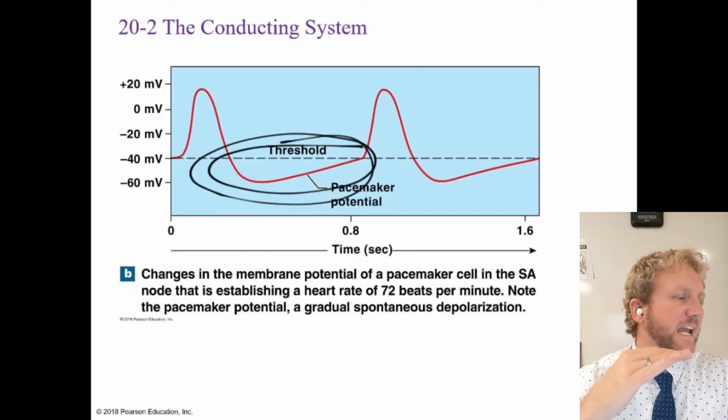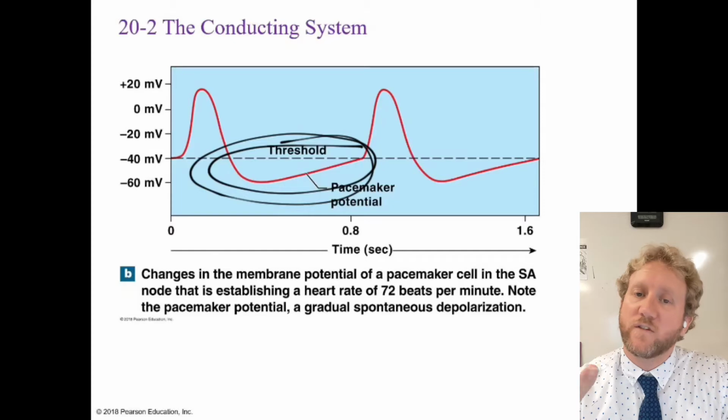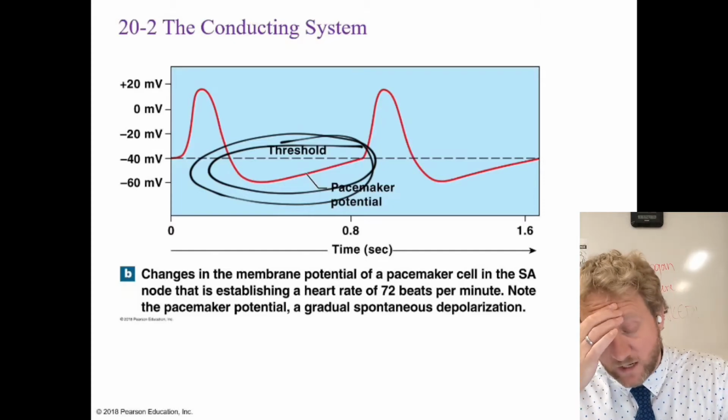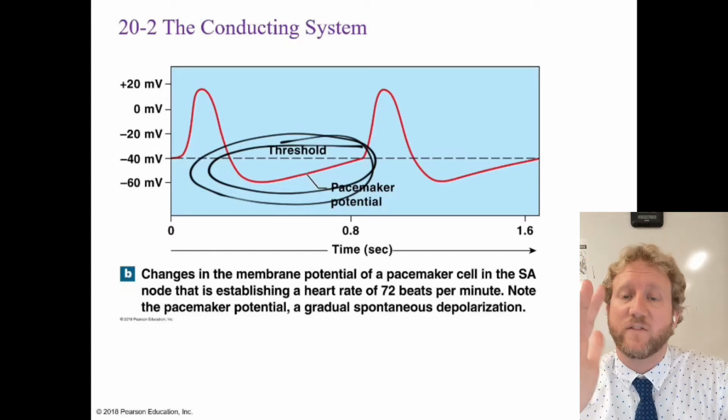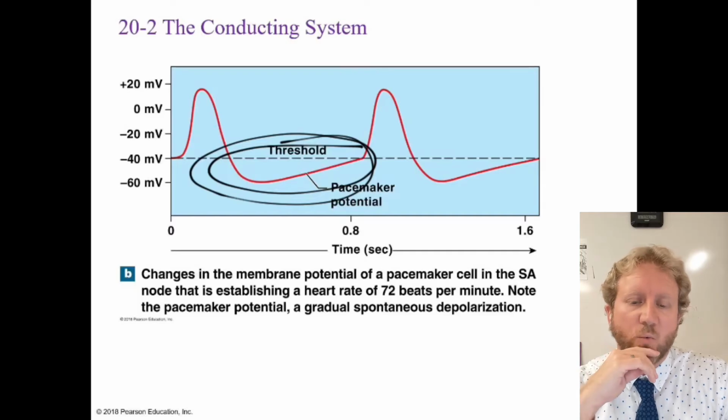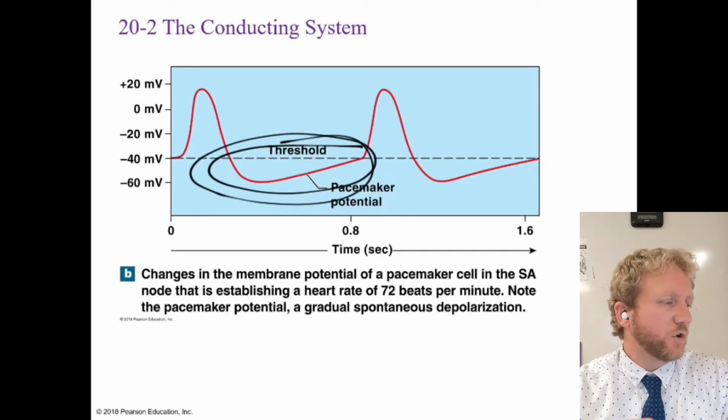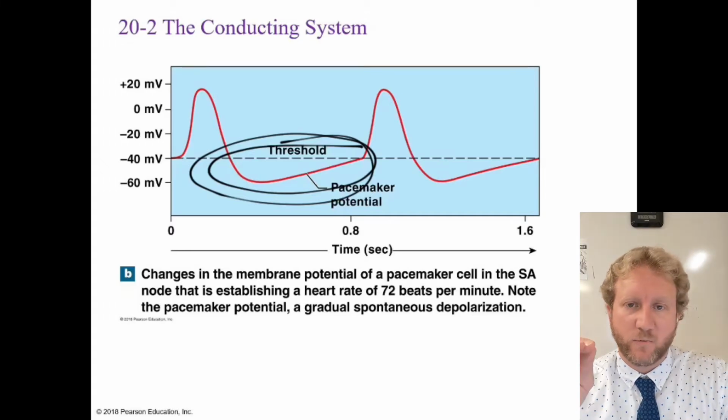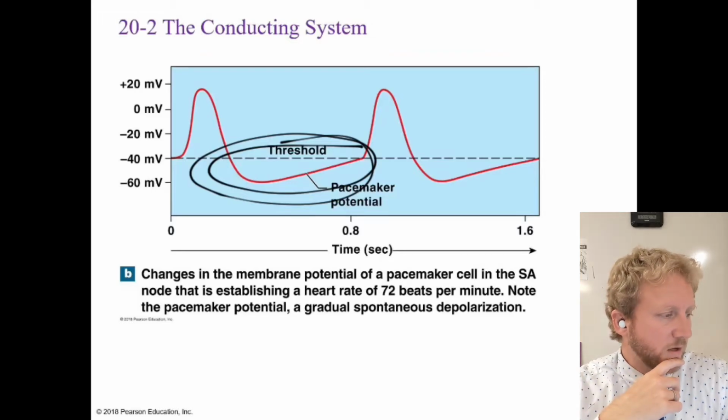So there's not a stable resting potential like we do with nerve cells. Remember, we said with nerve cells, the resting potential is about 72, and that doesn't change. With heart cells, that gradually depolarizes before we get back up to that threshold potential.